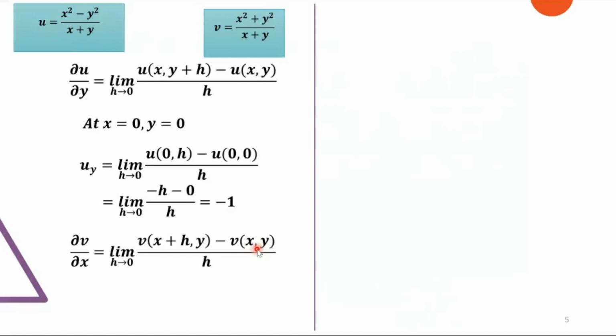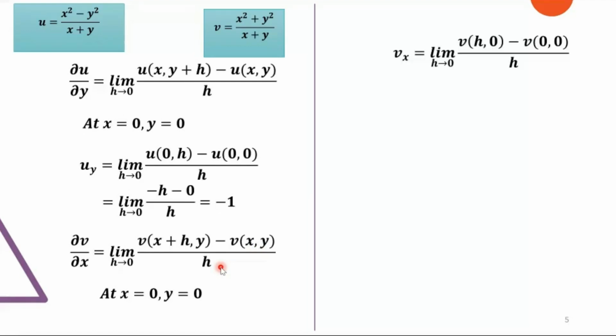What will its value be? Again we have to put x as 0, y as 0. When I put x equal to 0, y equal to 0, we get v of h comma 0 minus v of 0 comma 0 upon h. Now we have to take the function v when z is not equal to 0. So when z is not equal to 0, v is defined in this manner. Again put x equal to h and y equal to 0.